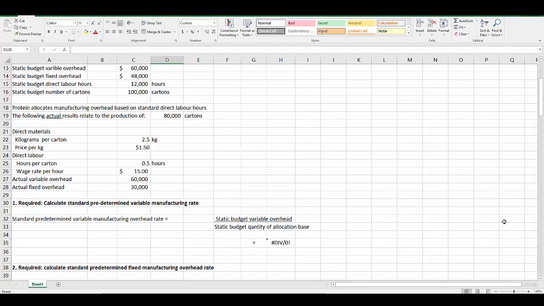So the first thing we want to do is look at our formula. So that's equal to your static budget variable overhead divided by the quantity of the allocation base.